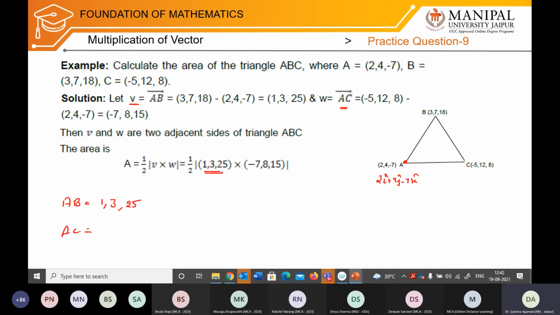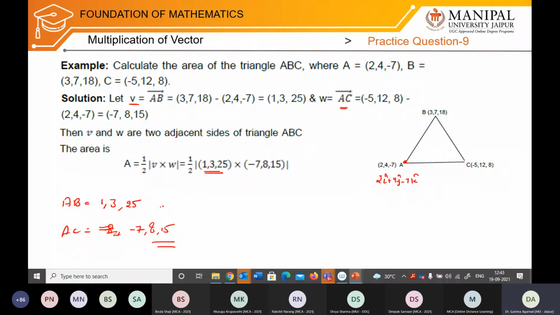Similarly AC, that is the C coordinate minus A: minus 5 minus 2, minus 7, 12 minus 4, 8, and 8 minus minus 7, that is 15.